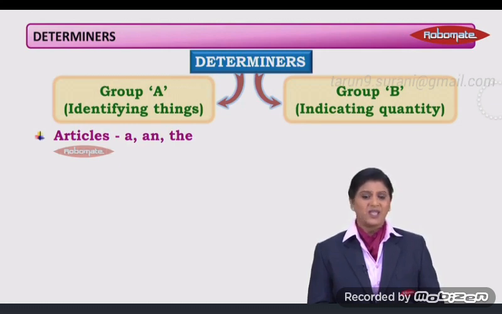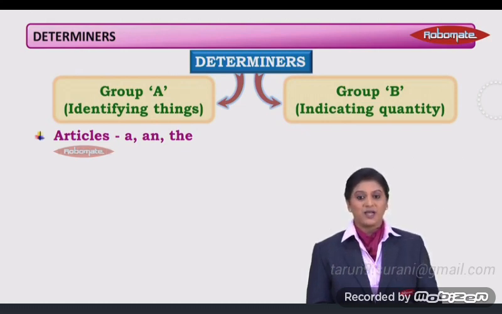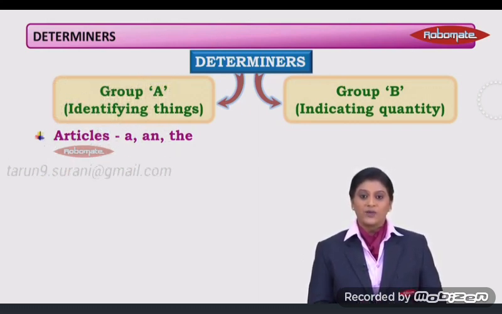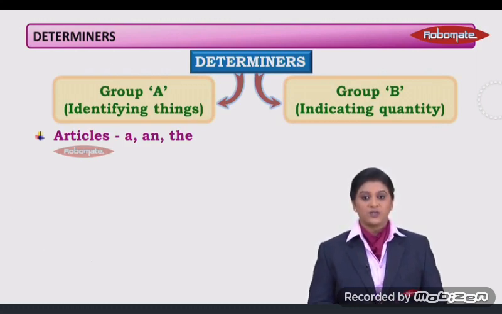At the same time, any doctor would do. But when I say call the doctor, I am talking about a particular doctor, and basically that makes a lot of difference. When we use the, it is some particular doctor we are talking about, very specific, whereas when we use a, we are just talking in general.